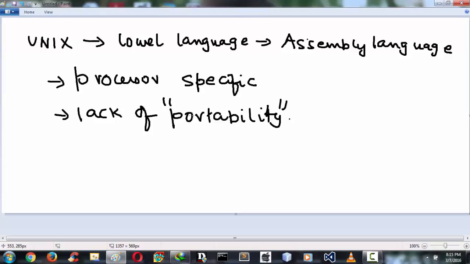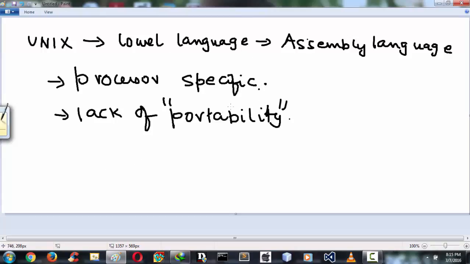Programs written in C will run on any platform. With minor or no changes, you can run C programs on any platform, on any architecture, even on embedded devices. So the two main drawbacks are processor specific and lack of portability.